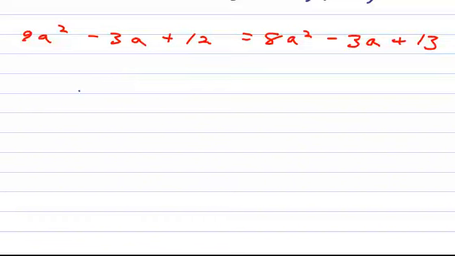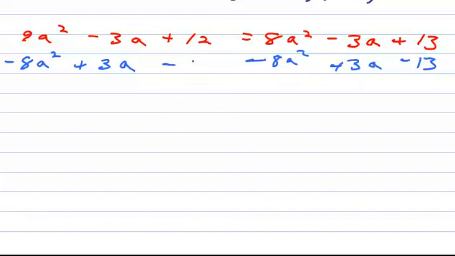What type of equation do we have so we can determine what direction we should go in? Well, we see a squared there, so we know that it's quadratic. So let's get 0 on one side then. So we want to subtract 8a squared, add 3a, and subtract 13. That'll give us the 0 we want on the right. Of course, we need to do the same on the left. So we have minus 8a squared plus 3a minus 13.